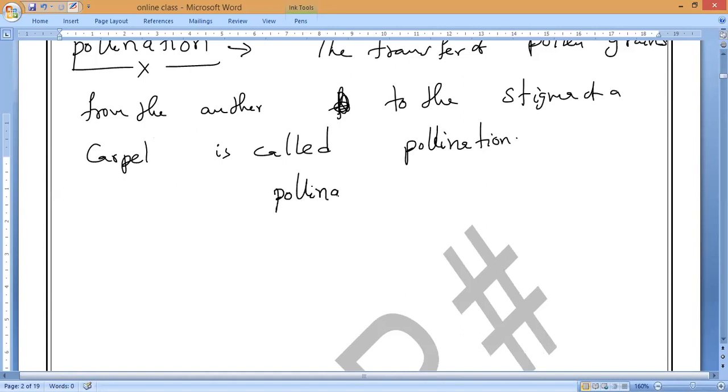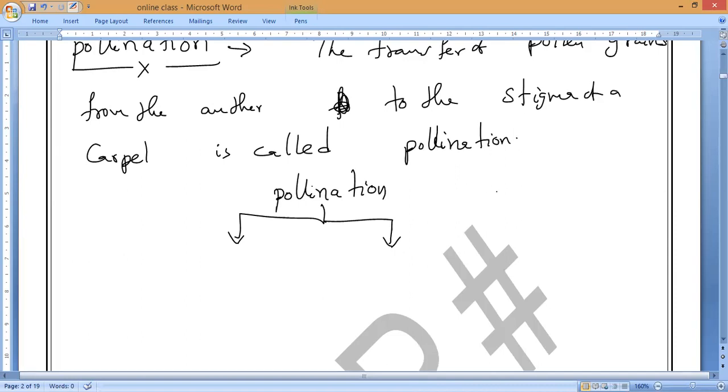So simply, if somebody asks you what pollination is, what can you say in a single line? Transfer of pollen grains. The pollen grains are carried from the anther to the stigma. That's all. There is no need to say male or female reproductive system. Pollen grains are carried from the anther to the stigma of the flower.